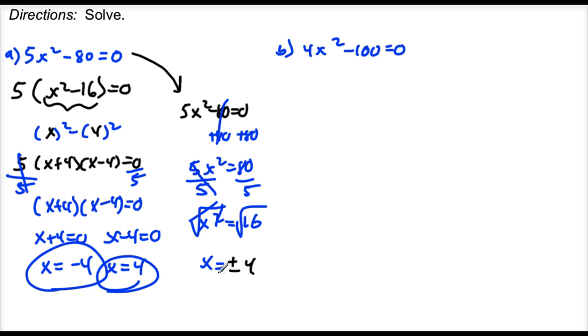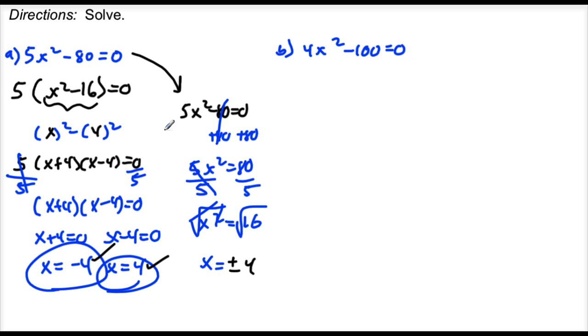That makes sense, because the answers we got over here were plus 4 and minus 4. We got the same answer. This approach was solving for x, and the first approach used our factoring techniques.